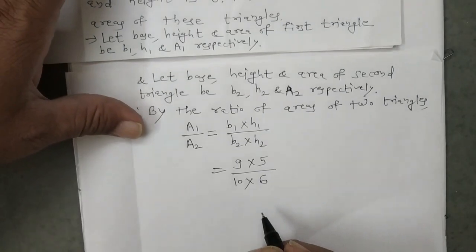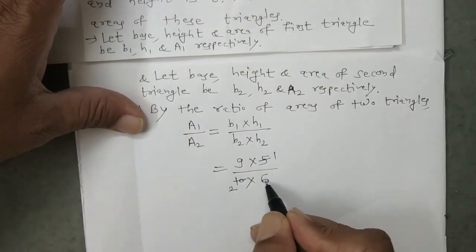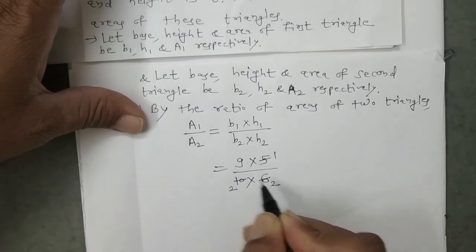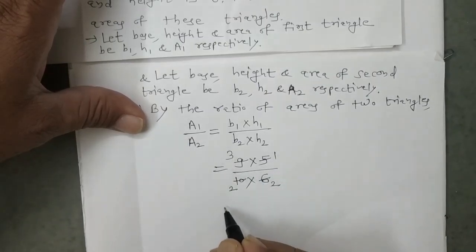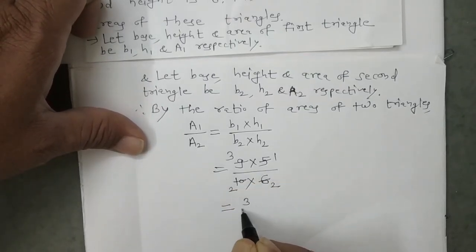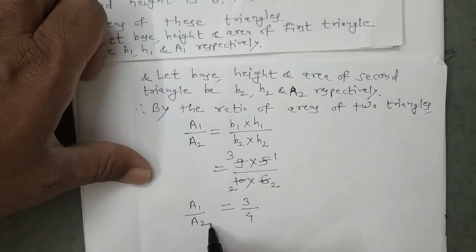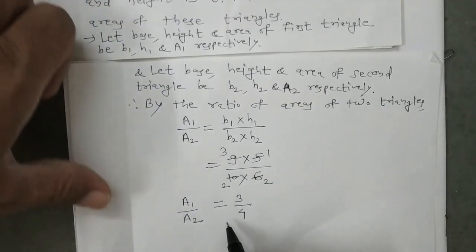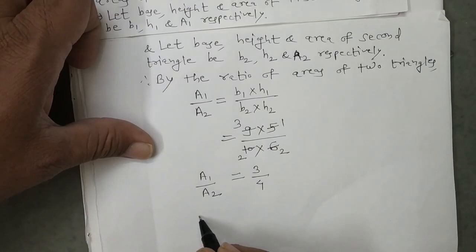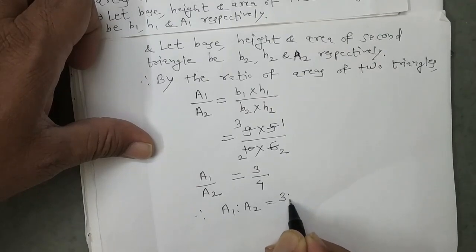Now dividing by 5, we get 1 and 2, dividing by 3, we get 2 and 3. Therefore it is equal to 3 into 1 is 3, divided by 2 into 2 is 4. That is A1 upon A2 is equal to 3 upon 4. We can write this as A1 is to A2 is equal to 3 is to 4.